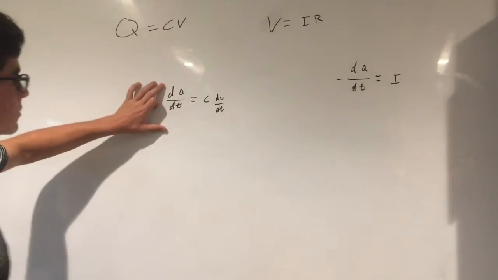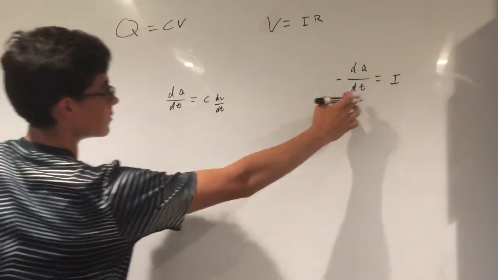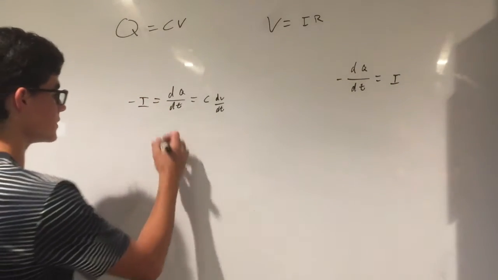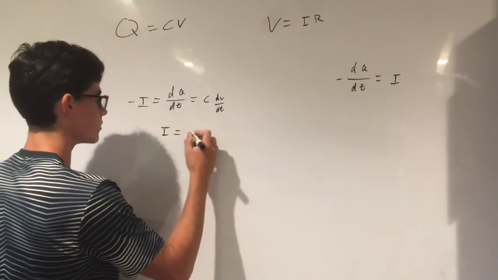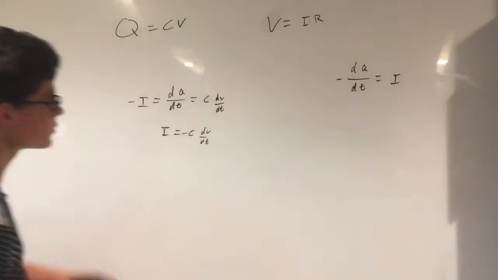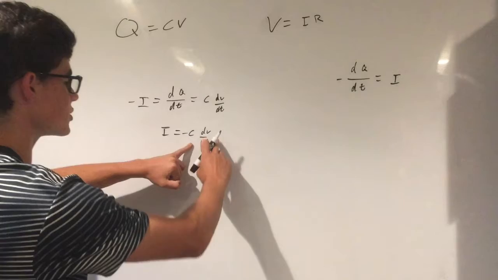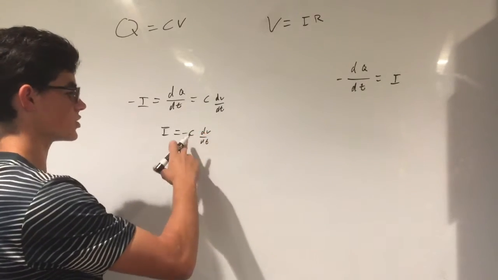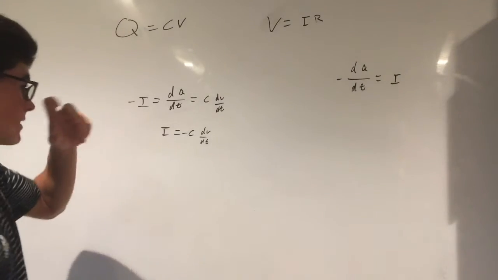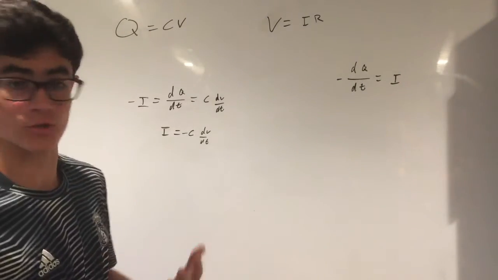So we see how dQ/dt can be related to negative current, and ultimately we get I is equal to negative C dV/dt. So we can see that as the change in voltage increases, there will be a decrease in the current, and vice versa.